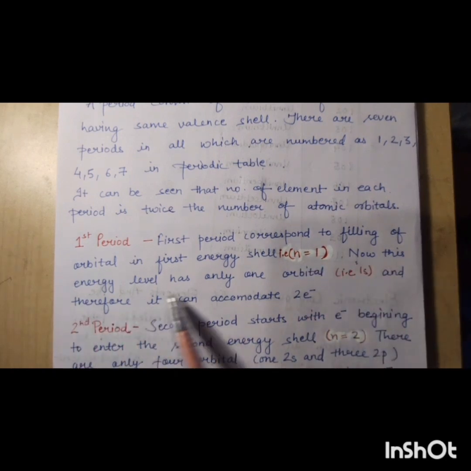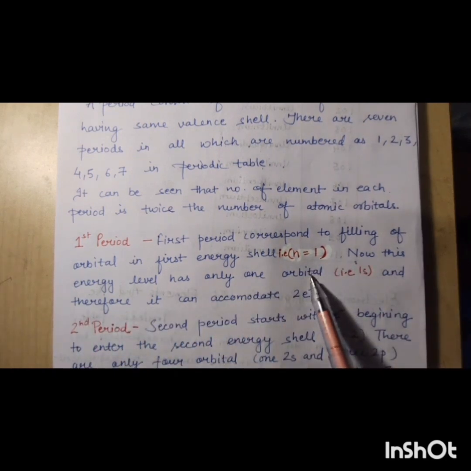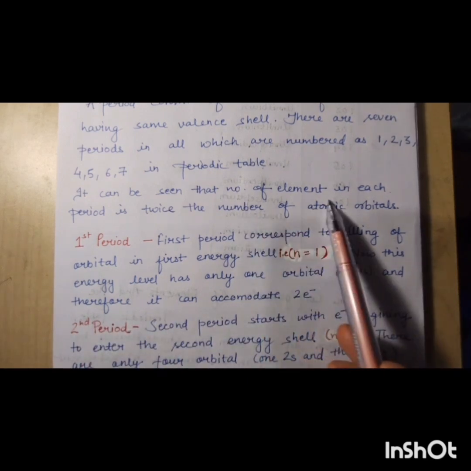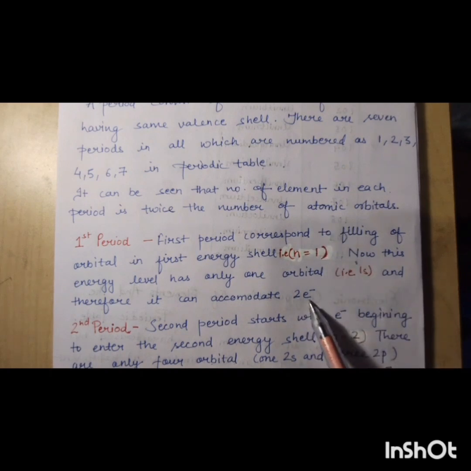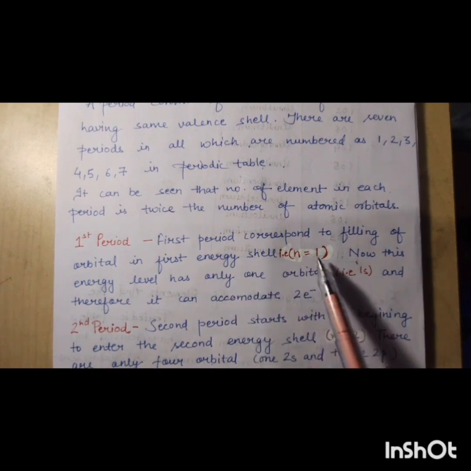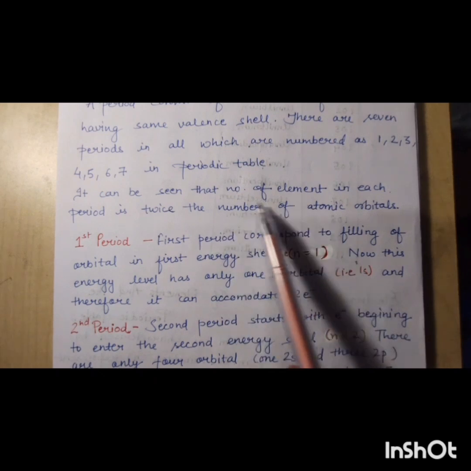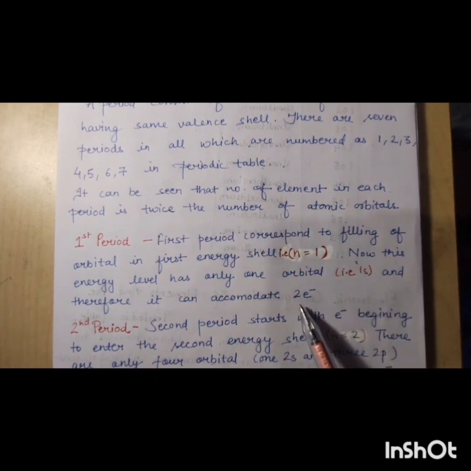Now this energy level has only 1 orbital, and therefore it can accommodate 2 electrons. So the number of elements, as you see, is double the number of atomic orbitals. Here 1 atomic orbital is there, that is n is equal to 1, and the number of elements is twice the number of atomic orbitals, that is 2.